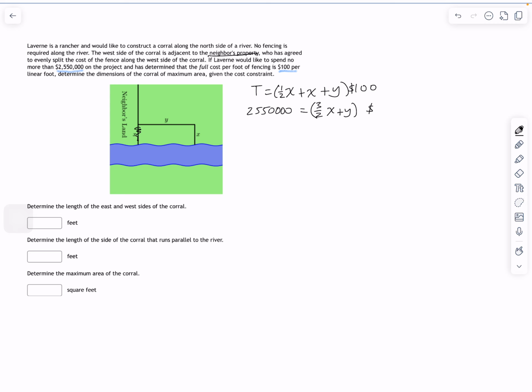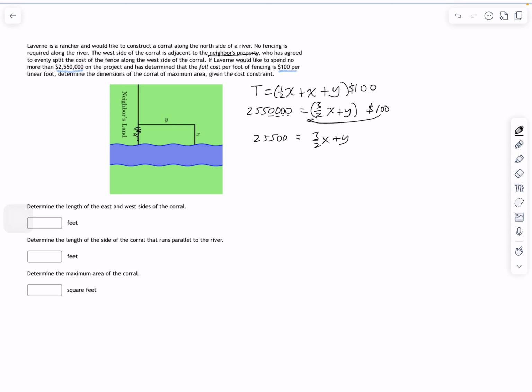We multiply this by 100. I'm just going to go ahead and divide that 100 over. And this would be 25,500, right? We got rid of 2 of the zeros, is equal to 3 over 2 x plus y. Okay, maybe that'll be helpful for us later.